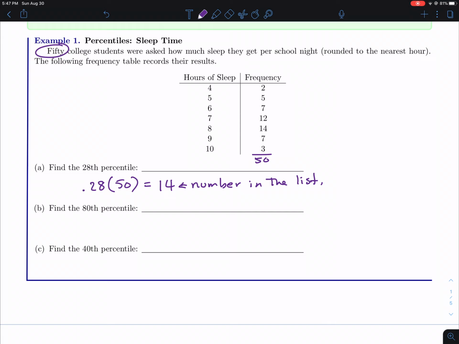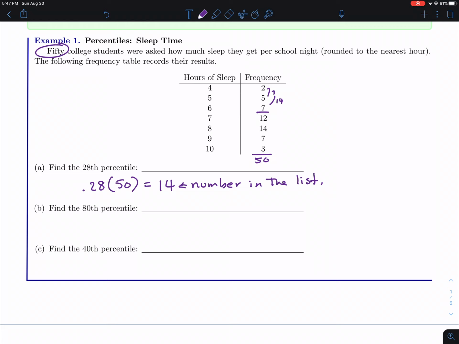So we add up from the bottom what the first 14 numbers would be. 4 hours of sleep was 2 people, there were 5 people that had 5 hours of sleep, and 7 that had 6 hours of sleep. Adding these, 2 plus 5 is 7, and 7 and 7 gives me 14. So the 14th score is exactly at the top of the 6 hour mark.